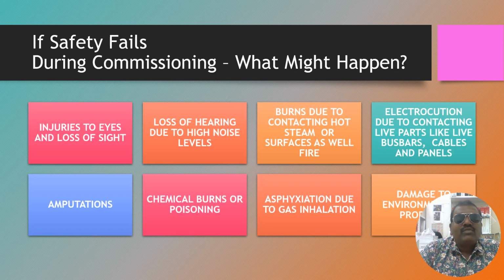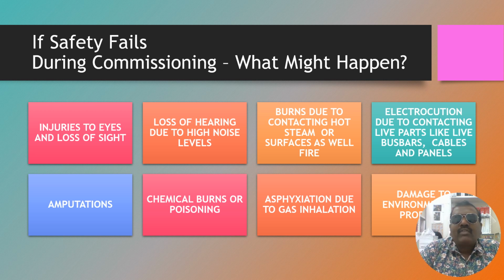So if safety fails during commissioning, what might happen? That means if we are not following the proper safe work procedure method, what might happen? It might lead to an incident like loss of sight to the eyes.